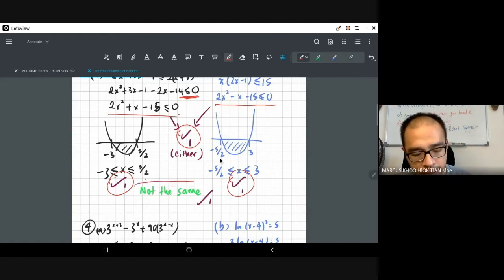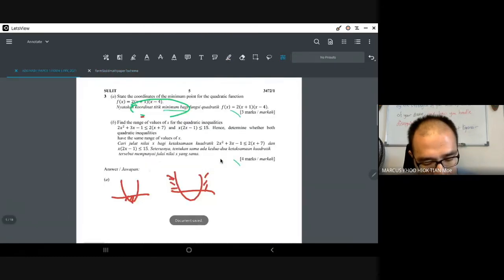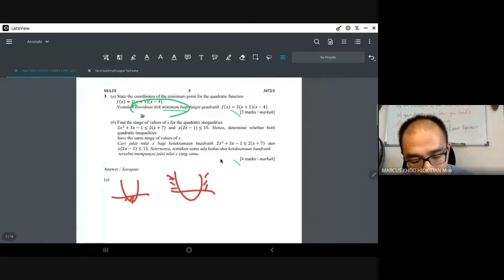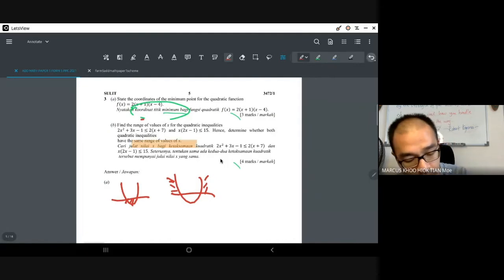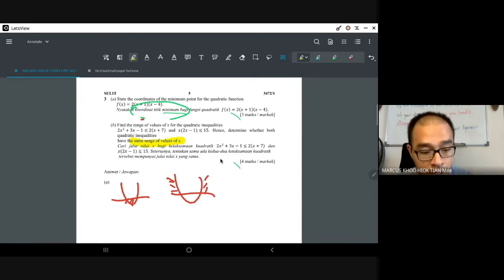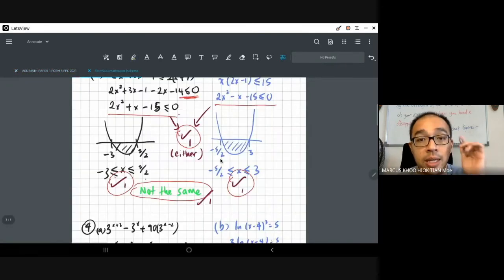And then you have to state that it is not the same, because that is the question. The question is state whether the inequalities have the same range of values of x. You need to determine. So that's why I need to see that word, it is not the same range.